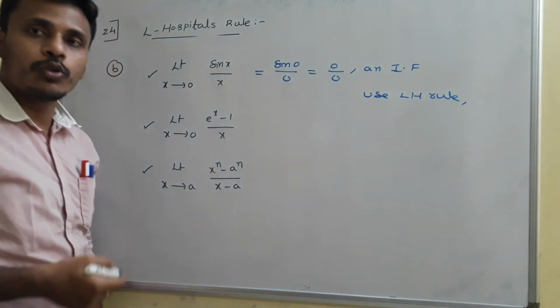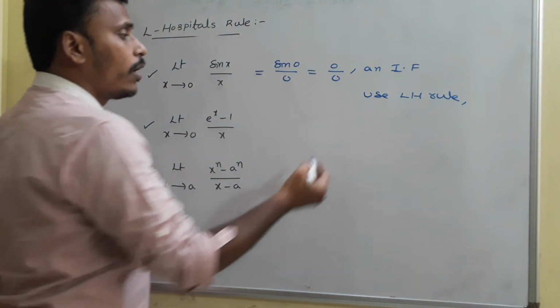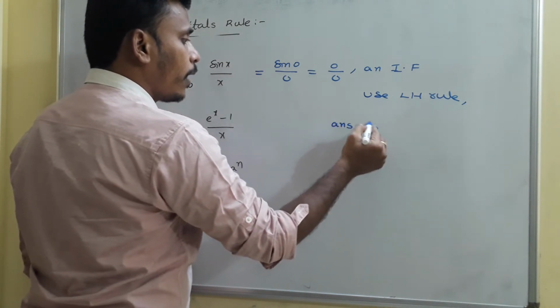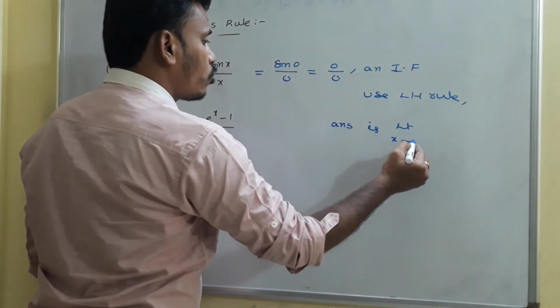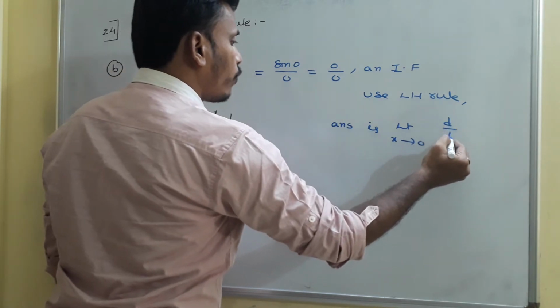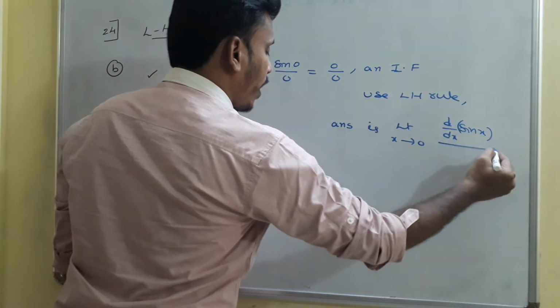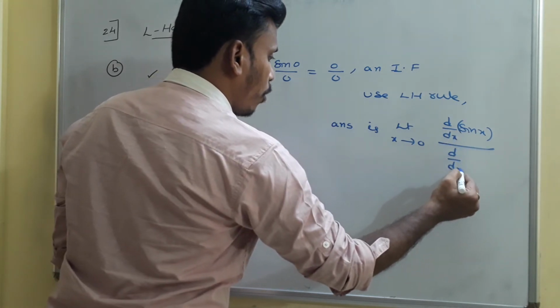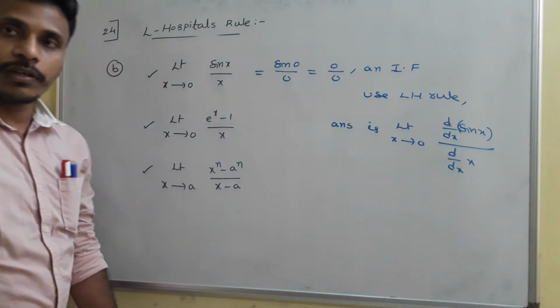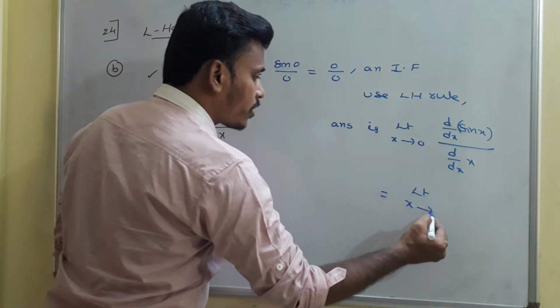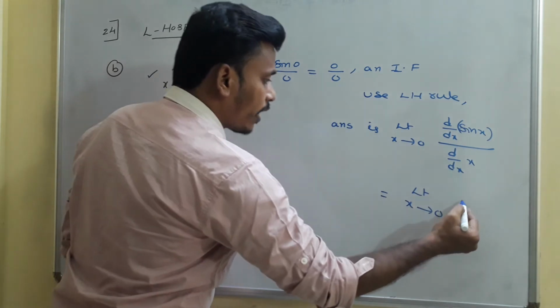Since you are allowed to use L'Hospital rule, our answer is limit x tends to 0, apply derivative for the numerator sin x, d by dx of sin x, divided by derivative for the denominator x, d by dx of x, and that equals limit x tends to 0, d by dx of sin x is what?